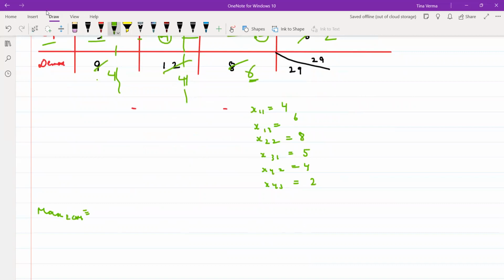That means you will multiply 4 with the actual cost which was given to you, x1,3 that is 2 into 6, plus 8 into 6, plus 6 into 5, plus 5 into 4, plus 4 into 2. You can notice that your least cost method will give you a better answer than your northwest corner rule.